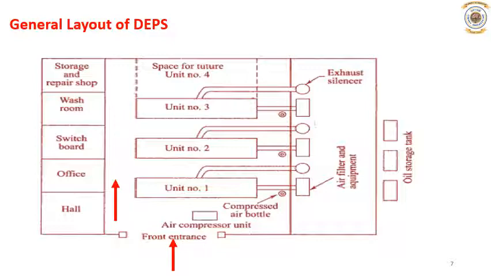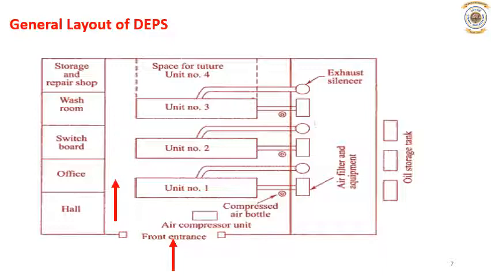This arrow mark indicates the passage where you can go to hall, office, switchboard, or unit number 1, unit number 2, unit number 3. Unit number 1 is DG set 1, then DG set 2, DG set 3. This is the space for future expansion.